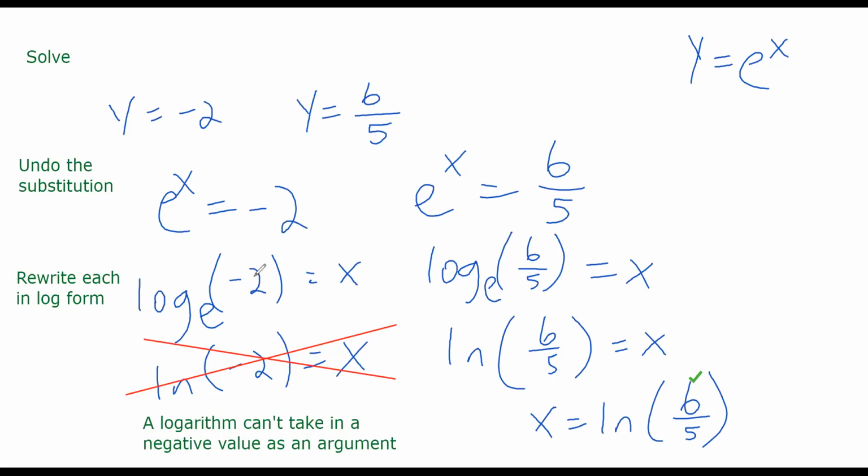And if you wanted, you can get that out to a couple decimal points, if that's what your heart is set on, about 0.182 if you round to 3 decimal places.